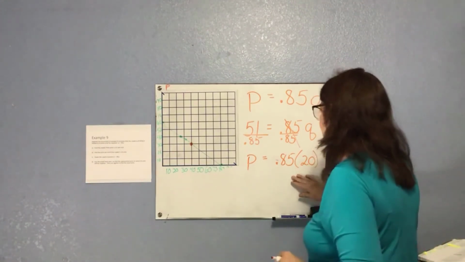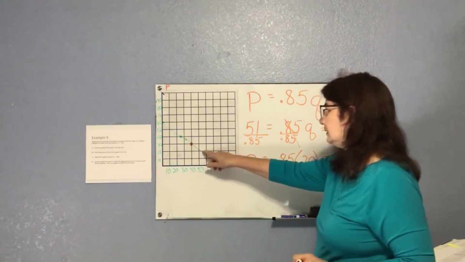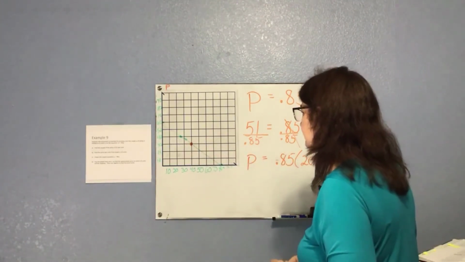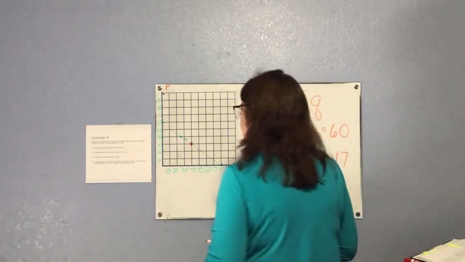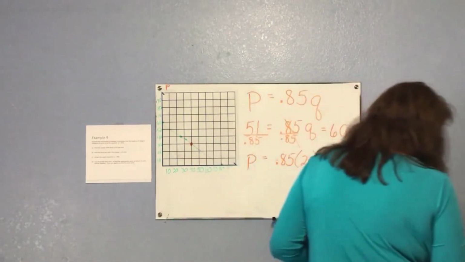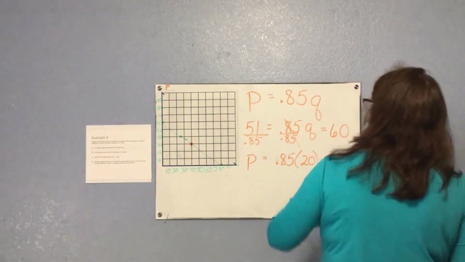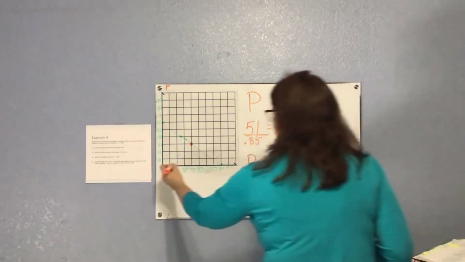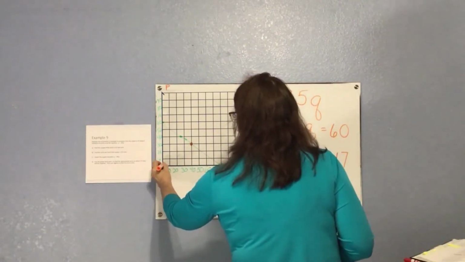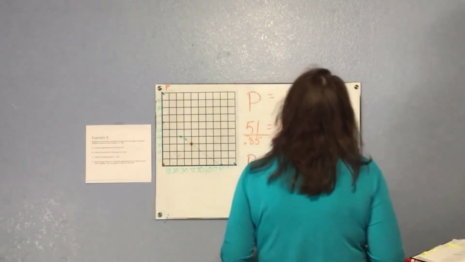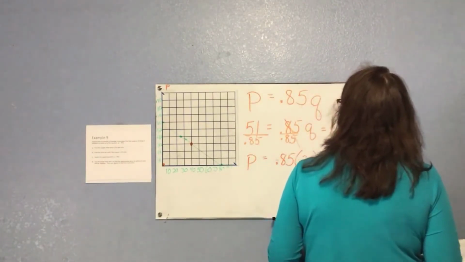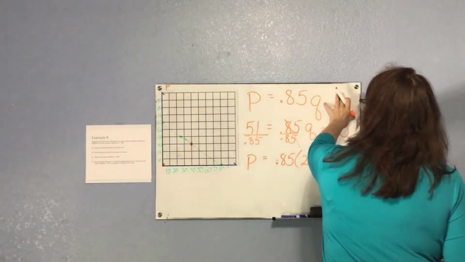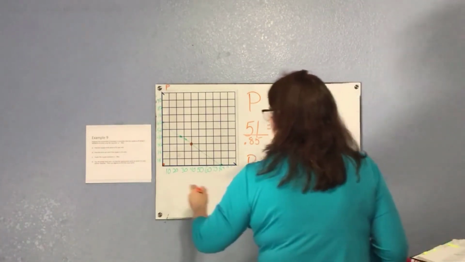We're going to graph this now on the same graph that we had for the previous example. Okay, and this is going to start at, in this equation, if P is 0, Q is also 0. So we're going to start at 0, 0. And real easy, if Q is 10, then P would be 8.5.